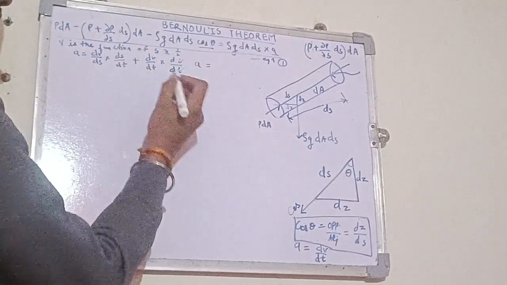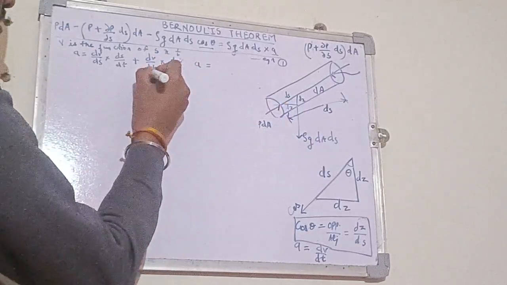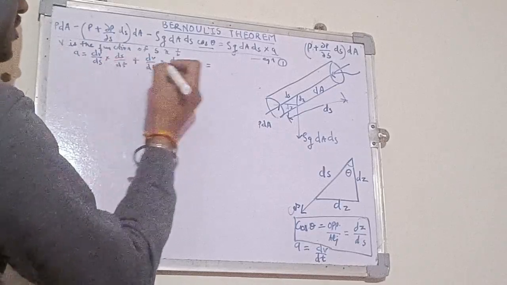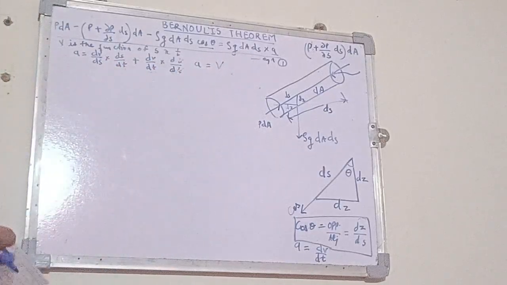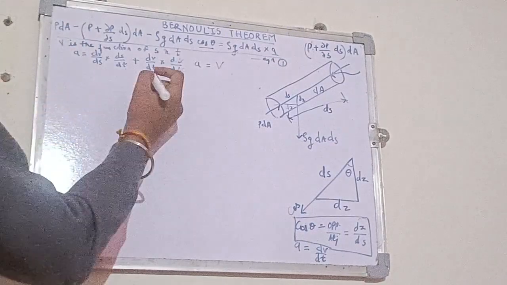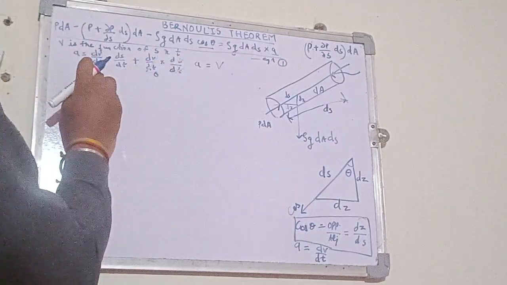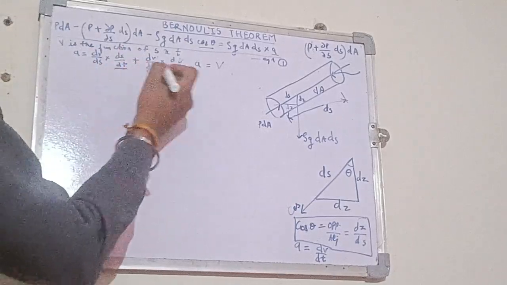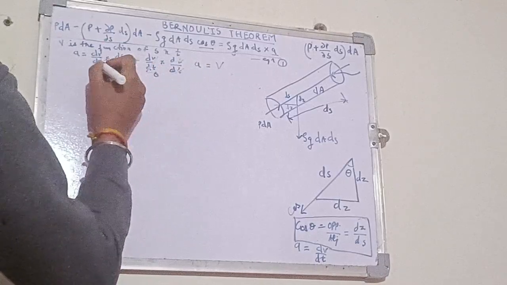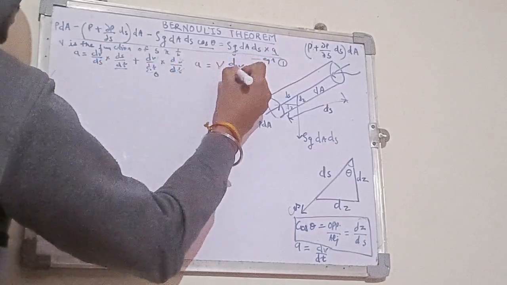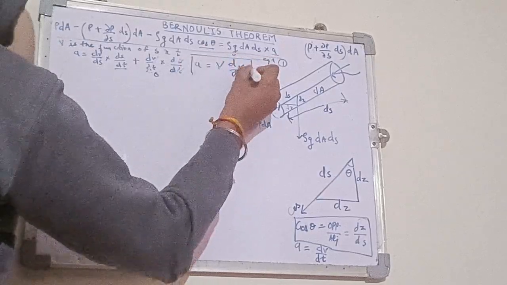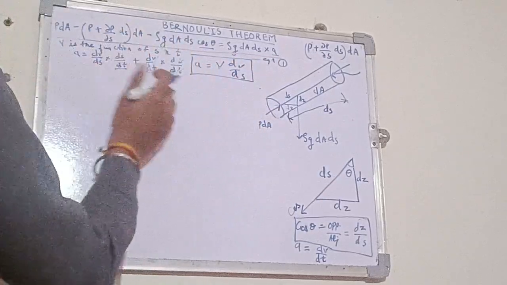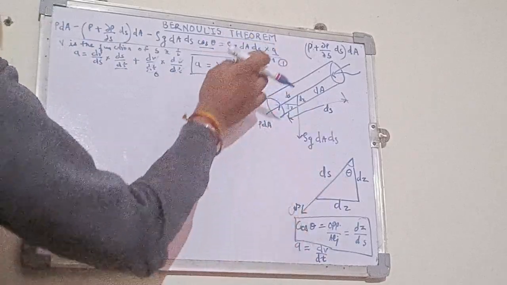You know the flow is steady in this cylindrical element, so del v by del t is 0, and ds by dt is v. So you will get the value of a as v dv by ds. Now we have to put this value of a and cos theta in equation number 1.